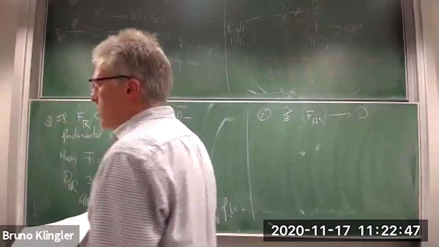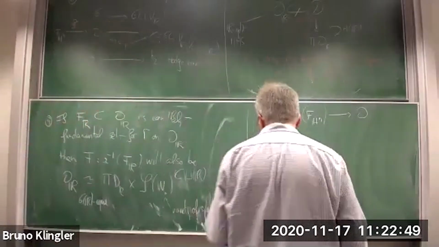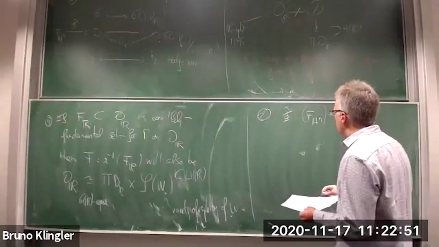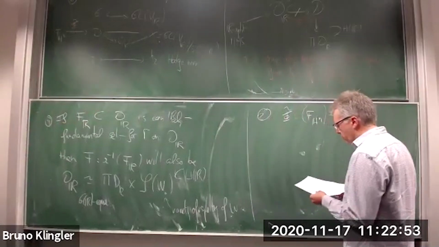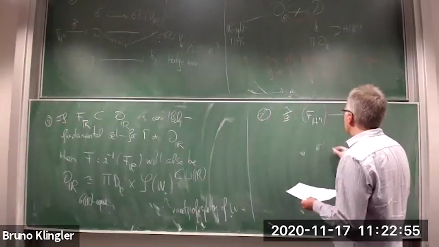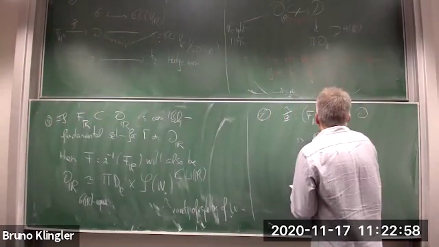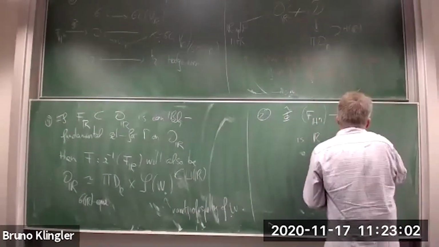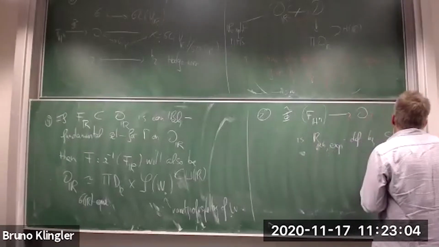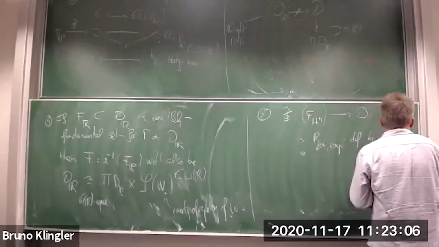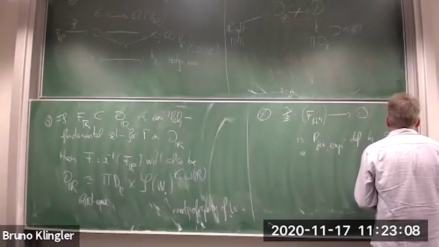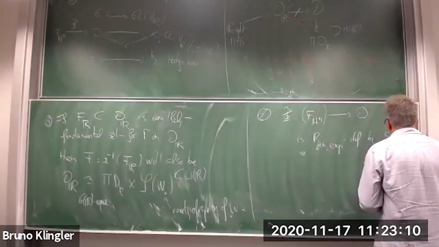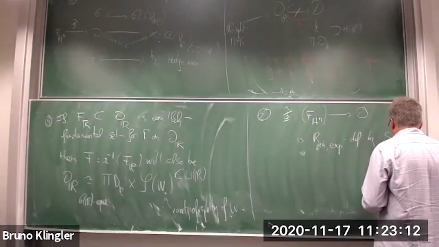This is essentially the content of admissibility, that the psi that descends to the punctured polydisk extends to the polydisk. So this is R_an,exp definable, in fact, by Schmid's nilpotent orbit theorem plus admissibility.